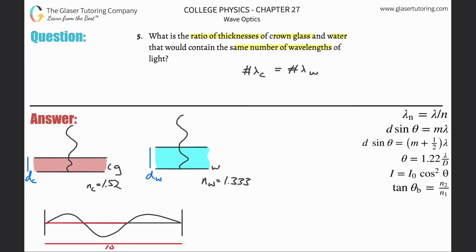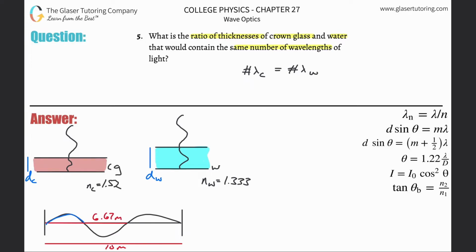It's about 6 2/3, or about 6.67 meters, and the overall distance is 10 meters. If you knew the overall thickness, or the distance, and you knew the wavelength, how can you find the number of wavelengths here?